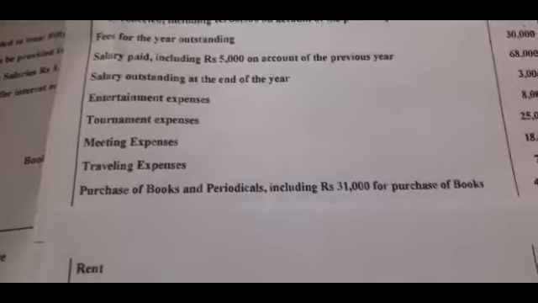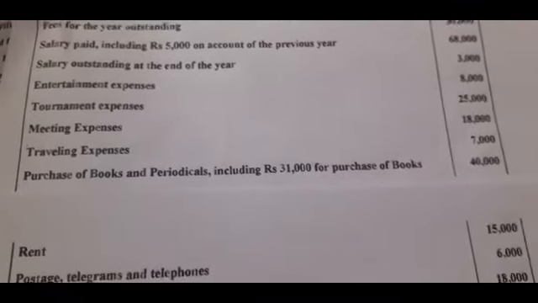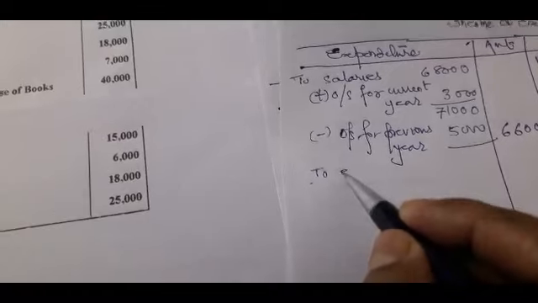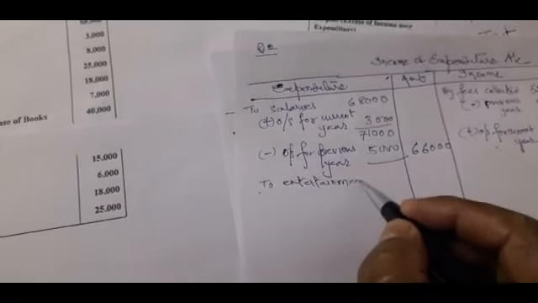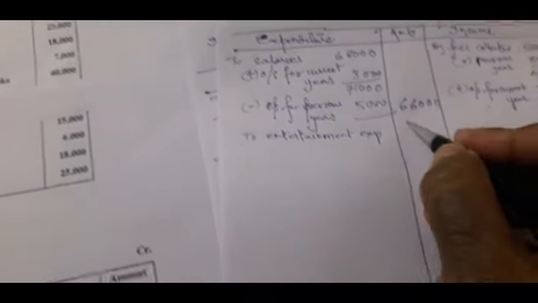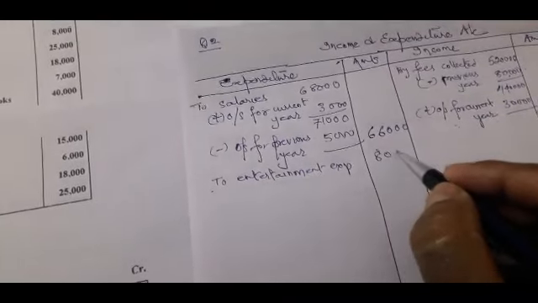Next item is entertainment expenses, 8,000 rupees. So to entertainment expense, 8,000 rupees.